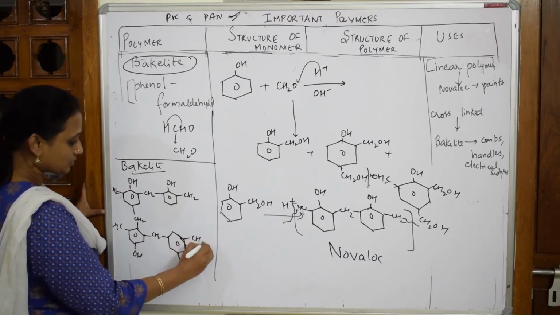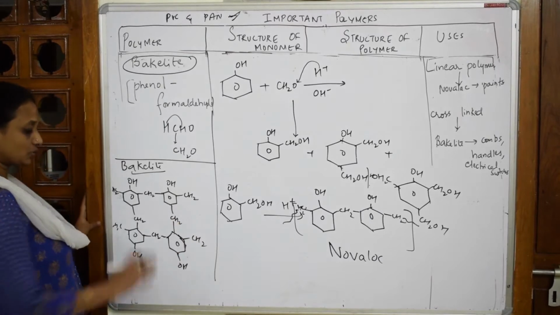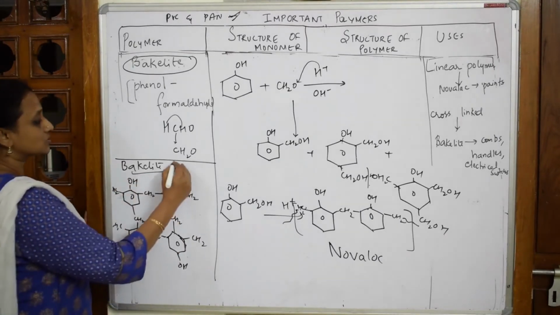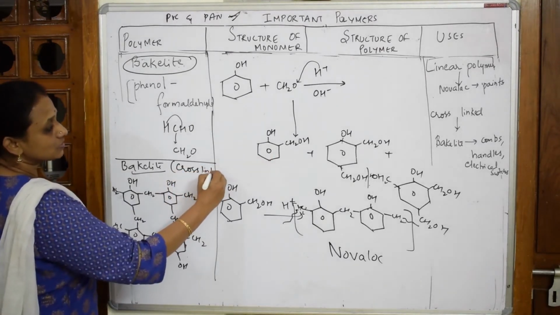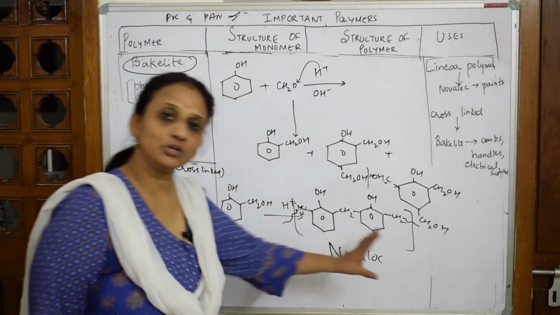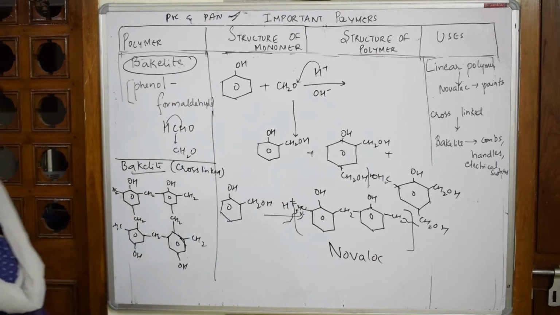This is CH2, and this is also linked with CH2. Done. So now what's happening? They are cross linked. This cross-linked polymer is called bakelite, which is used in electrical switches. All these I've written already, handles and everything. Novolac is a linear polymer. Bakelite is a cross-linked polymer. The strength of this is more than that.